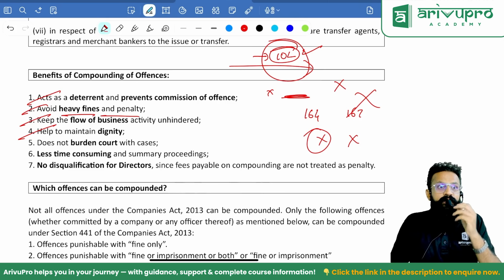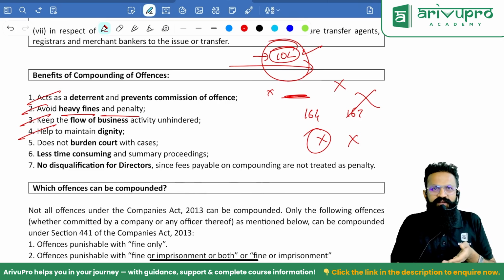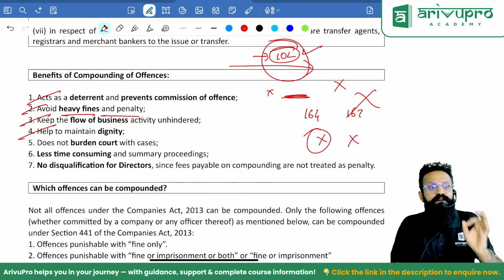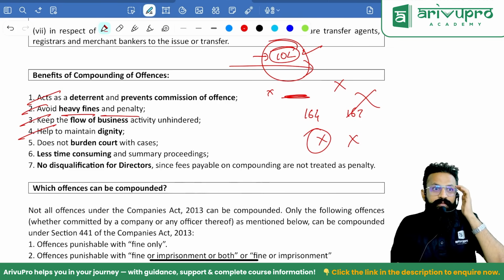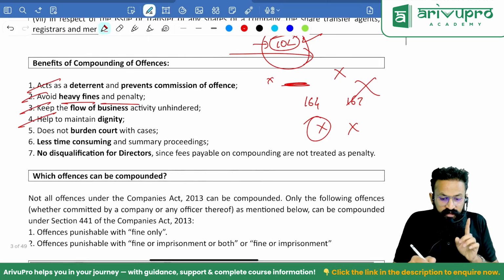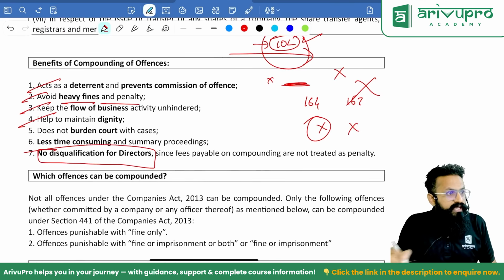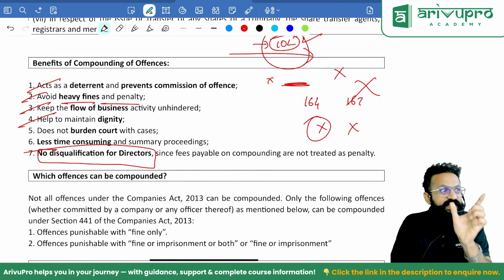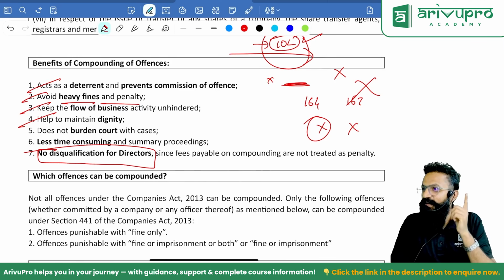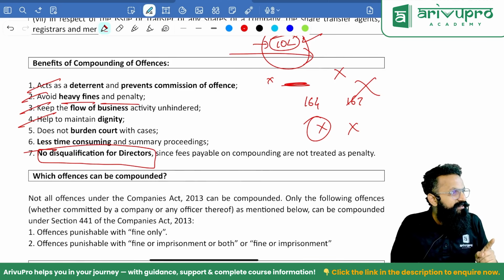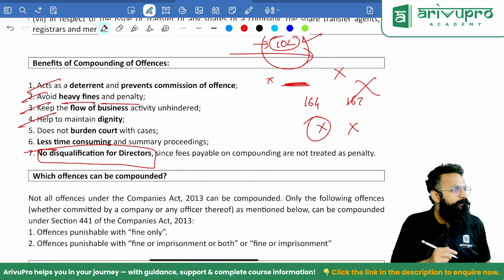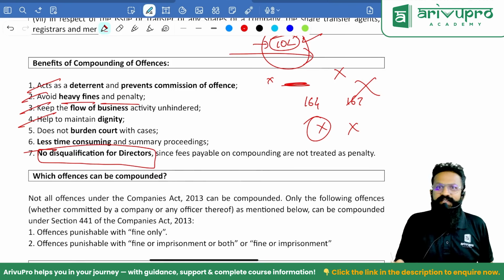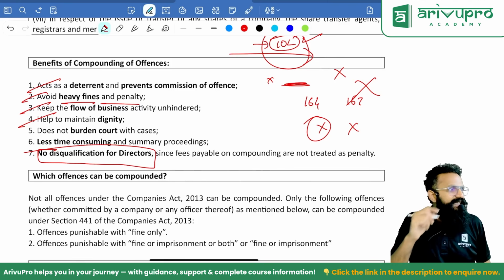Why not disqualified? If you ask me, out of these 7 benefits, 6 are your BCom answers, the 7th one is your actual answer. Remember, very important. You will not be disqualified. Why? Whenever you are paying for compounding, it is not considered a penalty, it is considered fees. Whatever money you pay under a compounding application, that 10 lakh rupees will be considered as compounding fees, whereas the words used in the Act are penalties of 1000 rupees.